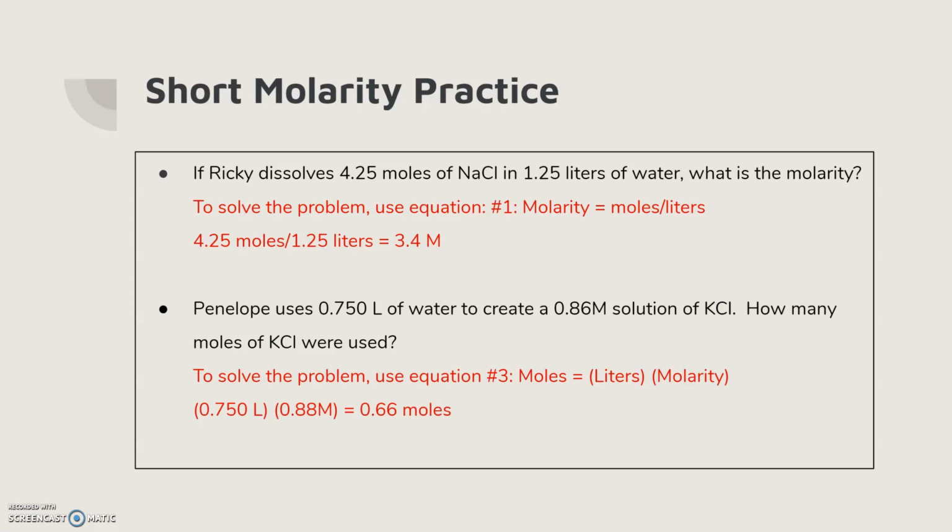Therefore, the number of liters was 0.75 liters of water, and we're multiplying that by the molarity, 0.86 molarity. (0.75) times 0.86 gives us 0.65 moles.